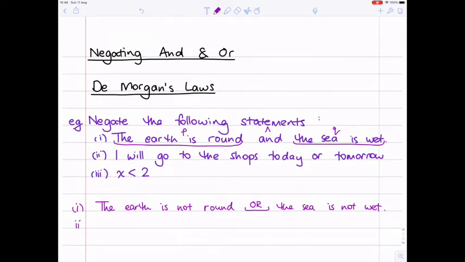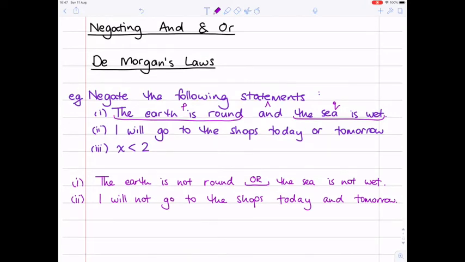If we look at the second sentence, I will go to the shops today or tomorrow, the negation of that is I will not go to the shops today and tomorrow. And if we look at the more mathematical one, the opposite of x is less than 2, our negation, will be x is greater than or equal to 2.